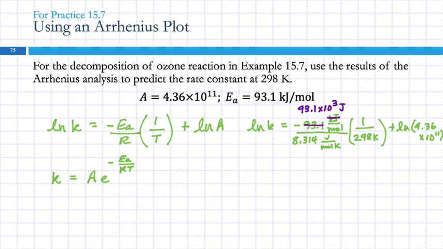So minus 93.1 times 10 to the 3rd divided by 8.314 times 1 divided by 298. I like to press the equals there just to make sure it finishes that. And then plus the natural log of 4.36 times 10 to the 11, and close the parentheses and press equals.